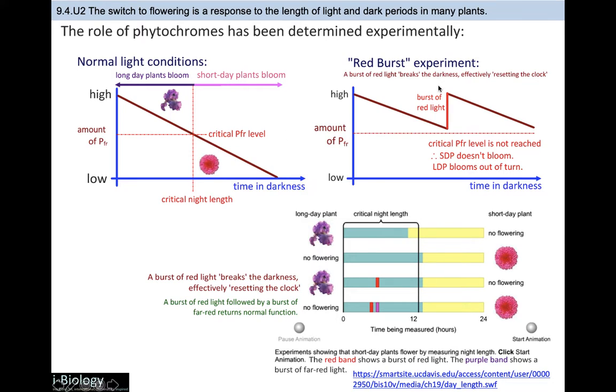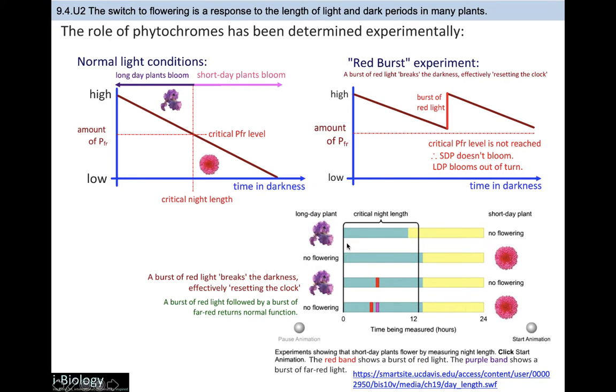This is showing that if you have a burst of light during the darkness, then short day plants will not bloom, because short day plants require uninterrupted long nights. Whereas if you do this with a long day plant, maybe they will start to bloom out of turn.